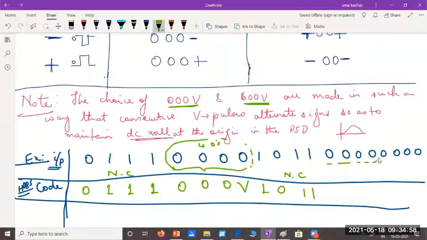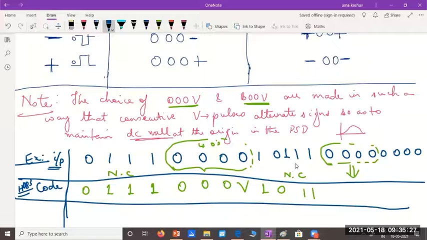Again, the next 4 sequence of binary zeros should be replaced with what? Should I use 000V or should I use B00V? Here, how many bits are preceding? Okay, I'll make a change so that you'll see the difference.